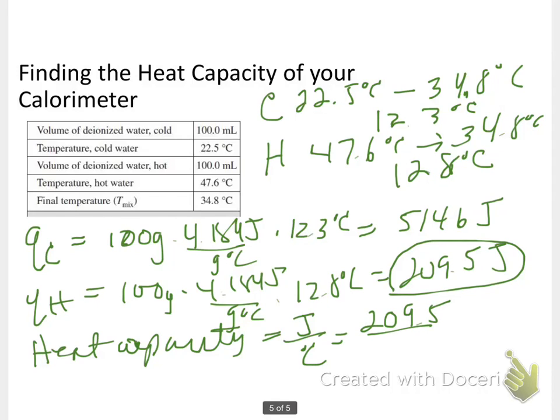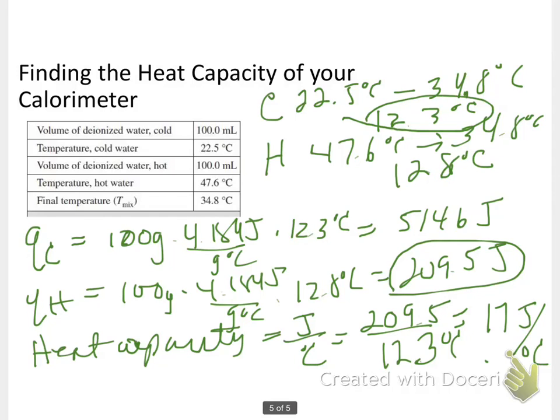I started with cold, and it went up by 12.3 degrees C. So that gives me a value of 17 joules per degrees C. And that's how you do it.